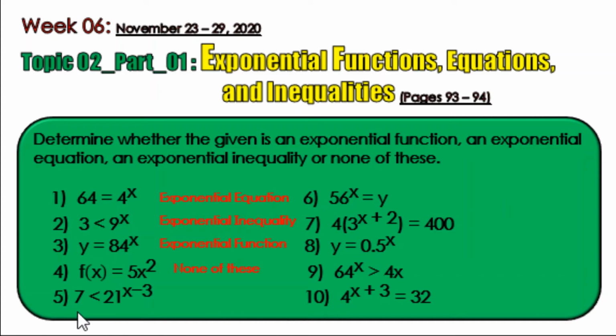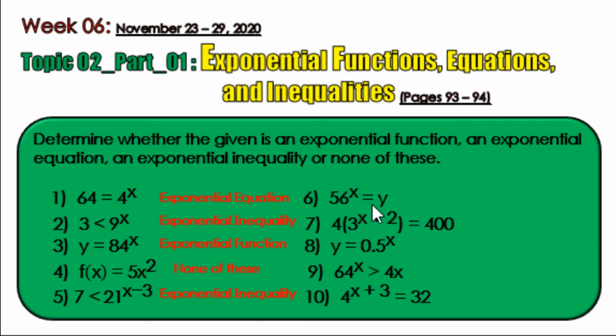Number 5, 7 is less than 21 raised to x minus 3. So we have an inequality sign. This part is an exponential expression. So number 5, we have exponential inequality. Number 6, 56 raised to x is equal to 7.